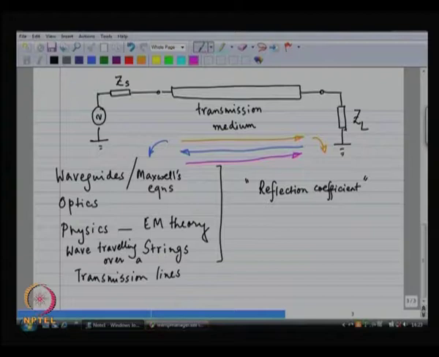Now, as you can guess, this reflection coefficient that I mentioned earlier is the ratio of what reflects back from the load to what had hit the load to start with.